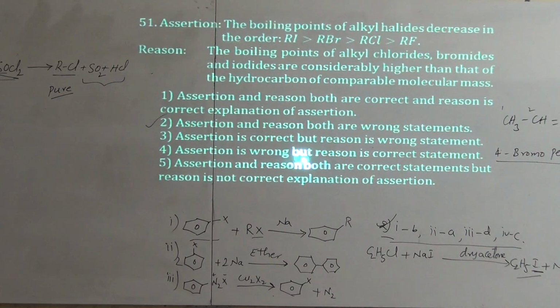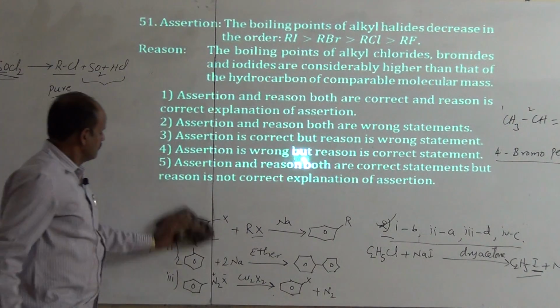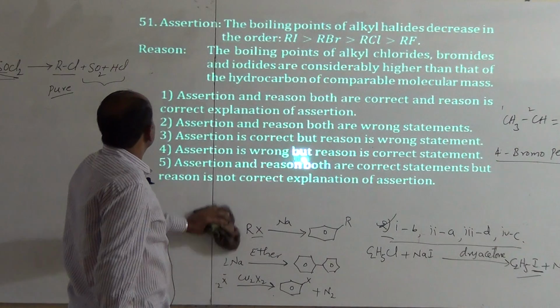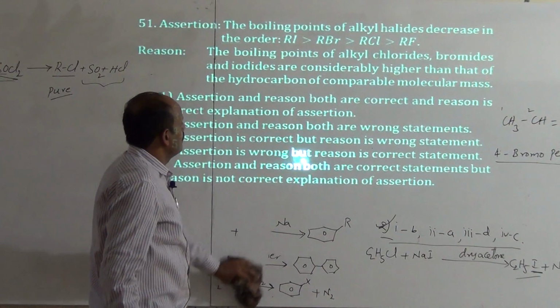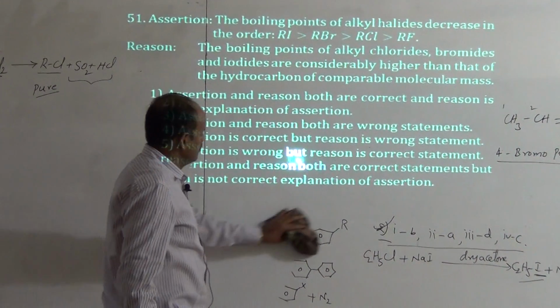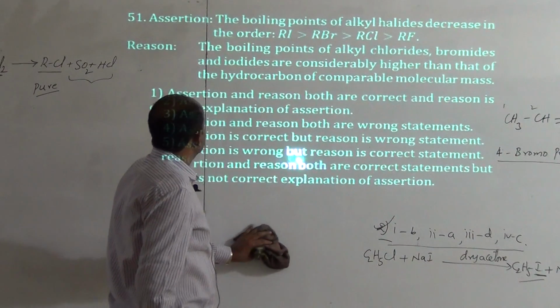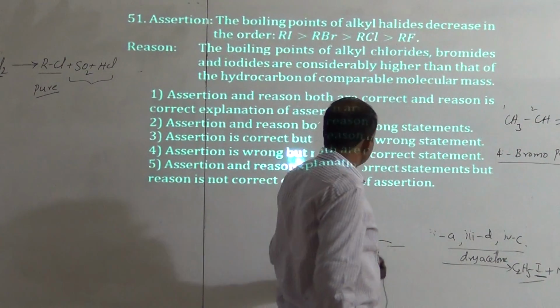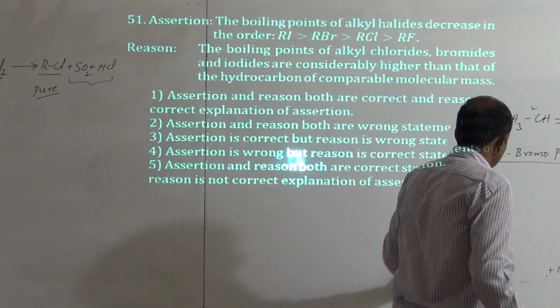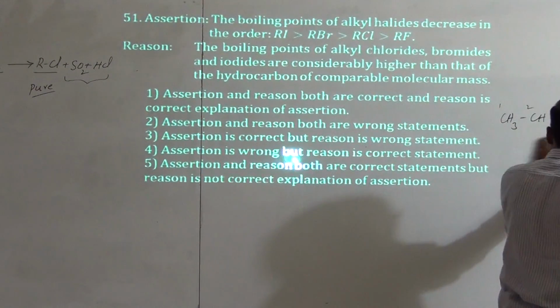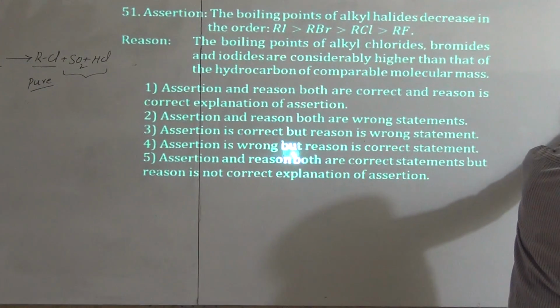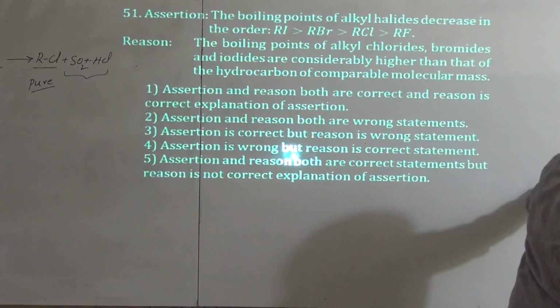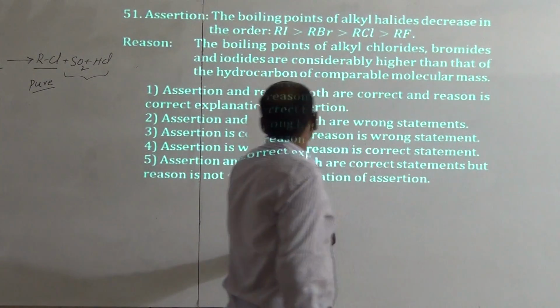Next bit. Assertion: the boiling points of alkyl halides decrease in the order of alkyl iodides, alkyl bromides, alkyl chlorides and alkyl fluorides. Correct only.